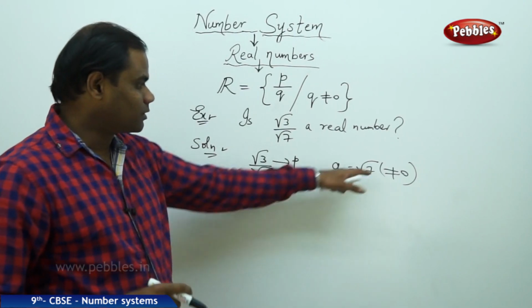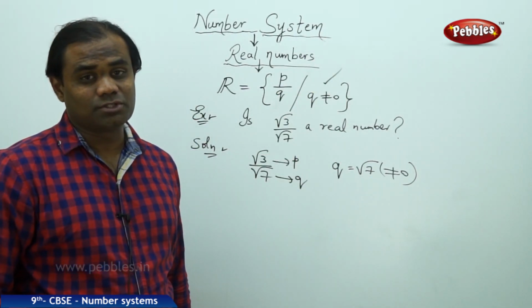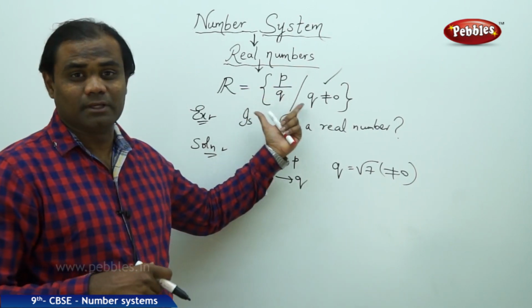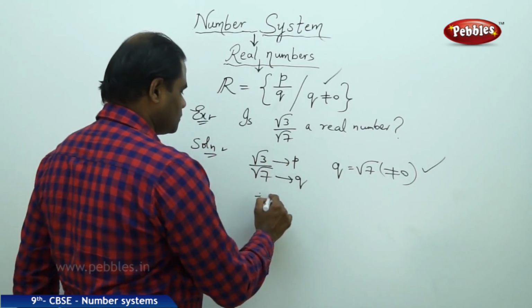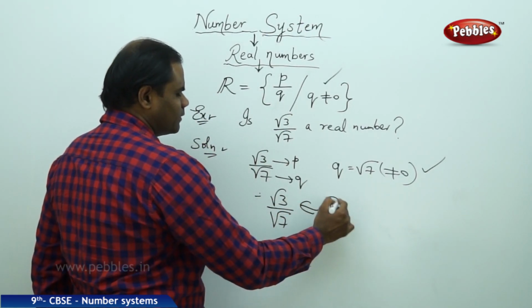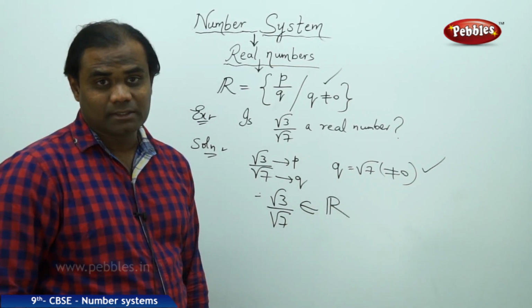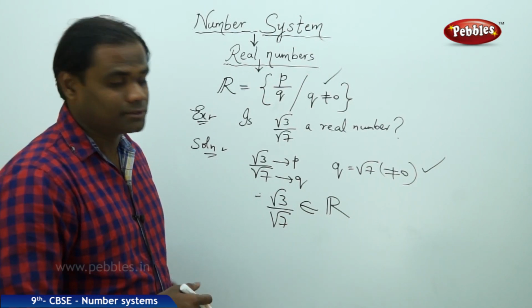Therefore, Q not equal to 0 is the only test which needs to be passed for a number to be a real number. Now this test is passed, therefore root 3 over root 7 is a real number. But this cannot be a rational number because P and Q are not integers.